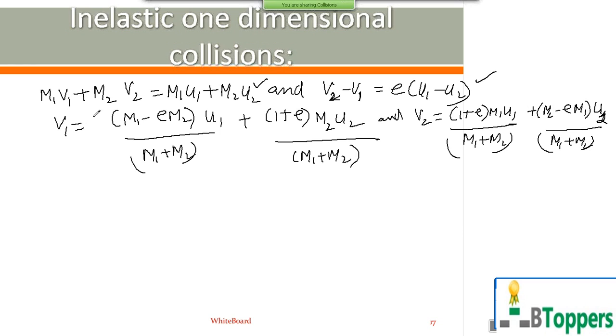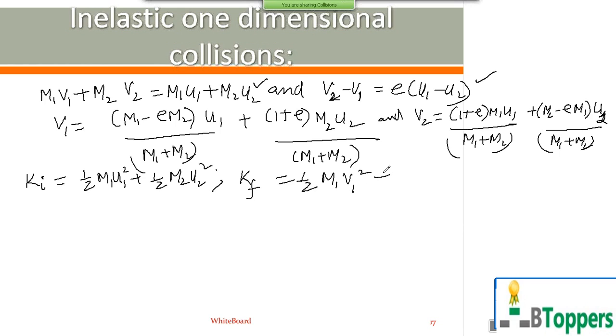You can calculate the total initial kinetic energy of the system of the two colliding bodies before collision, denoted by Ki, equal to half m1 u1 square plus half m2 u2 square. The total final kinetic energy just after collision is half m1 v1 square plus half m2 v2 square.